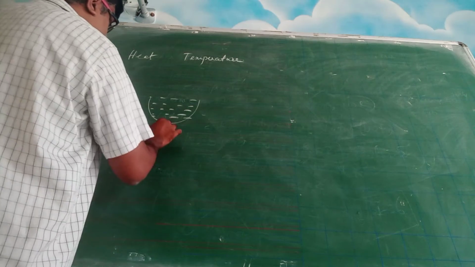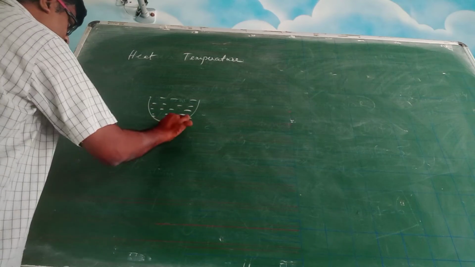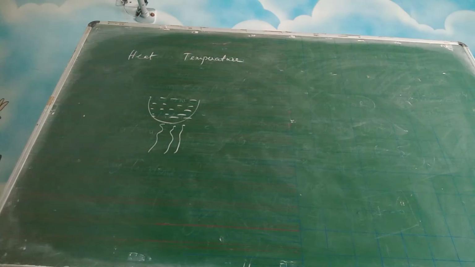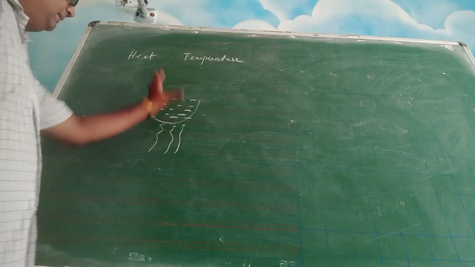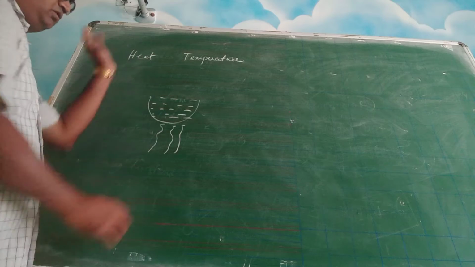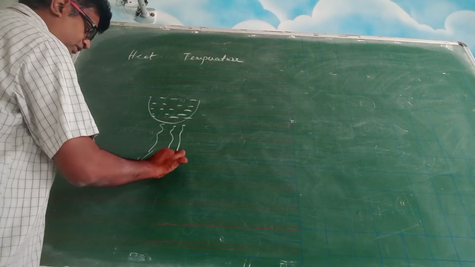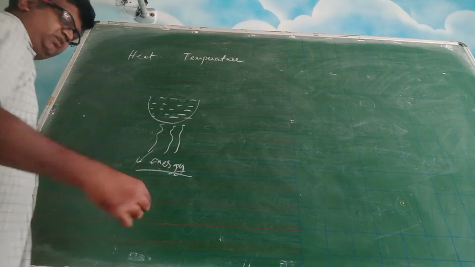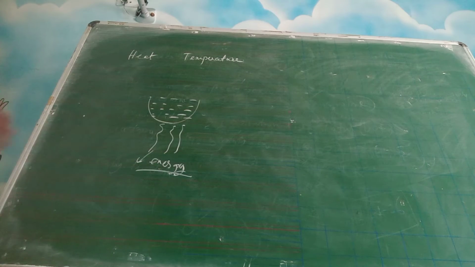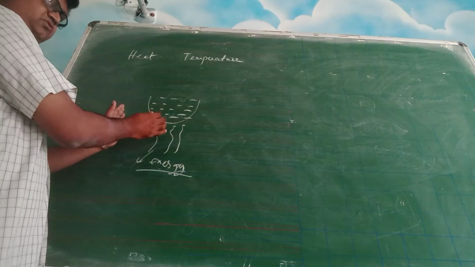So now what you do, you raise the temperature of these molecules. Okay, you give some energy, you put it on a stove connected to the gas. You are supplying some energy to this.